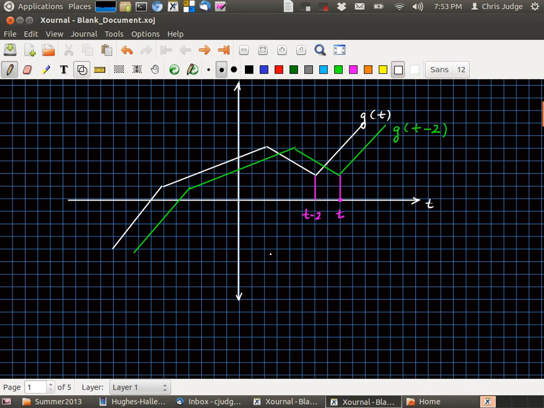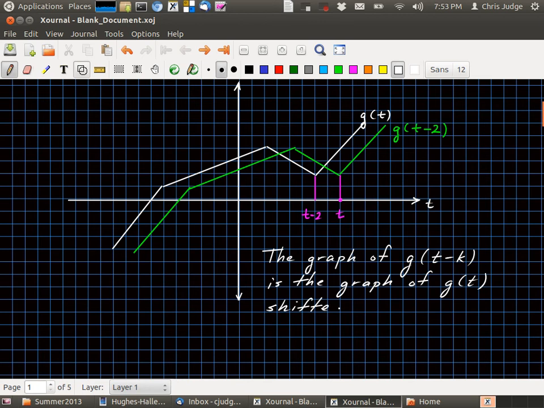Okay, the general rule is the graph of, say, g of t minus k, or f of x minus k, is the graph of g of t, but shifted k units to the right.